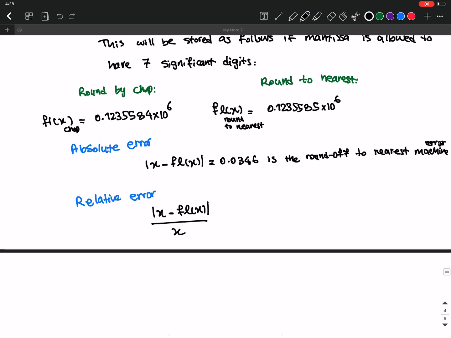So here, I want to define another thing, and that is machine epsilon.